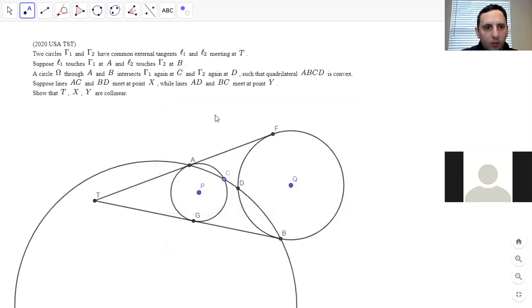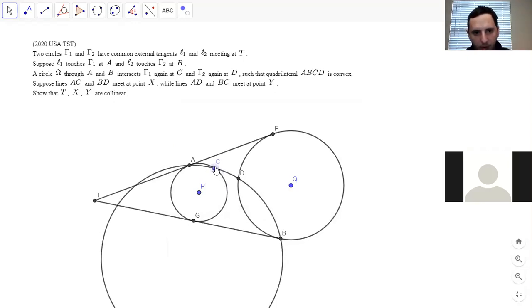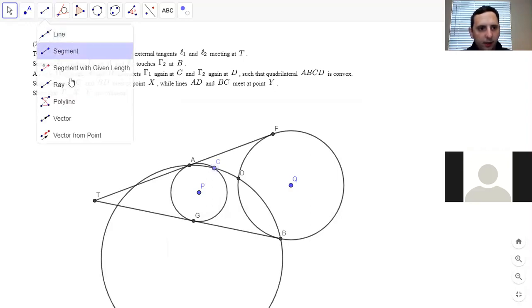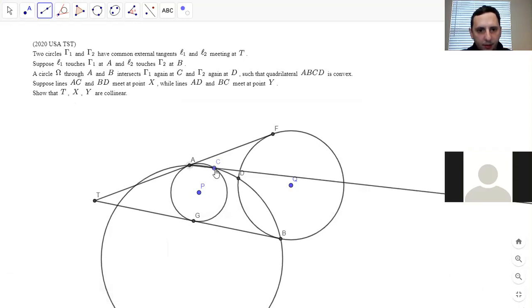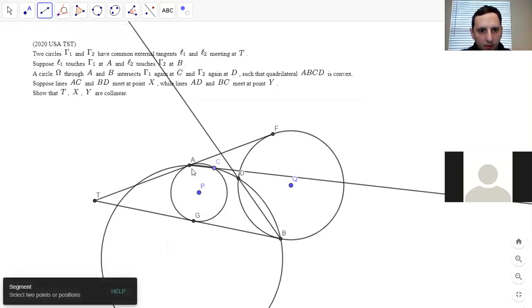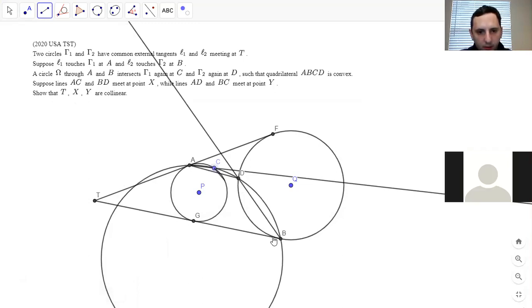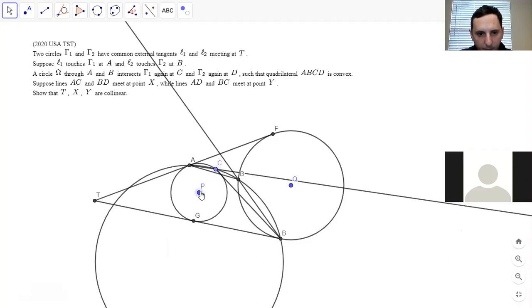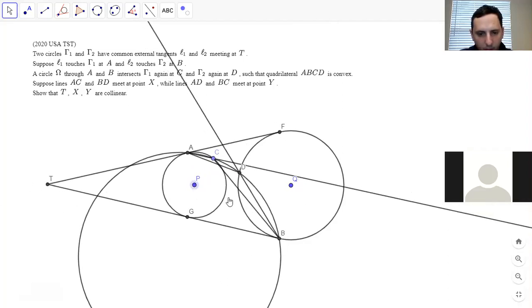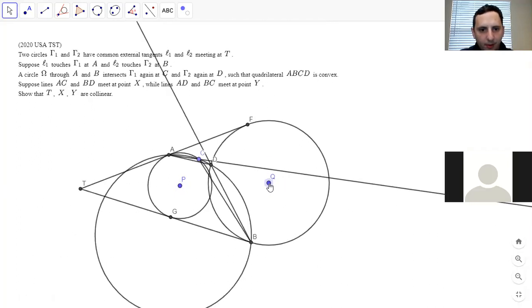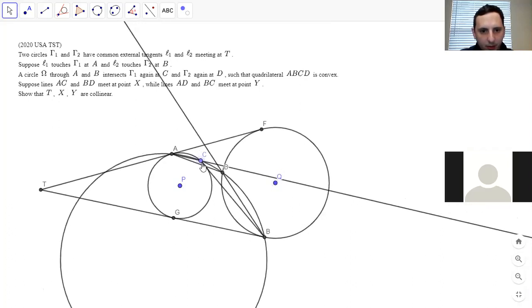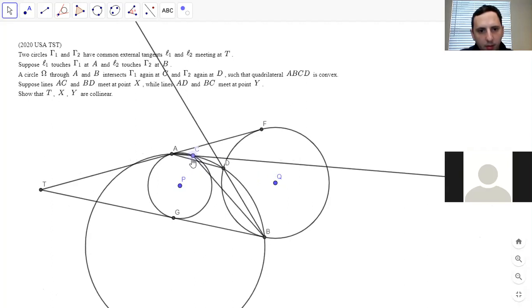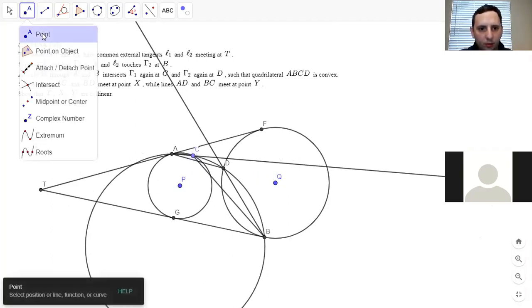Oh, I think I just hid D. So we let AC and BD meet at X, and AD and BC meet at Y. It's a little hard to see, so I'm going to move it, because I hid the other point D. Maybe I could just do something like that for now. And so this is X.